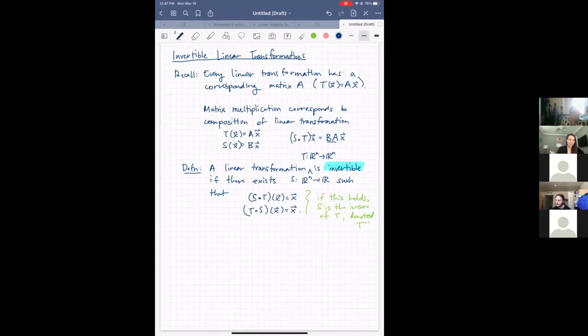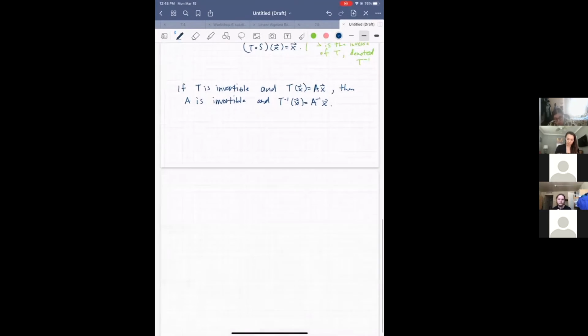But at least it should make sense that if T is invertible and it has the matrix representation A, then A itself is invertible, and T inverse of X is equal to A inverse times X. So finding the inverse of a linear transformation just boils down to finding the inverse of the matrix that describes it, right? Which we learned how to do.